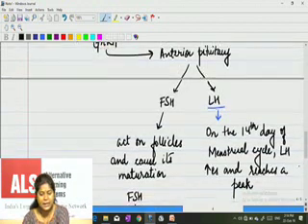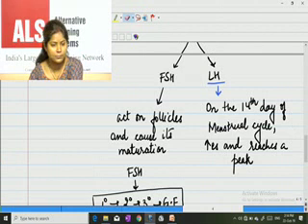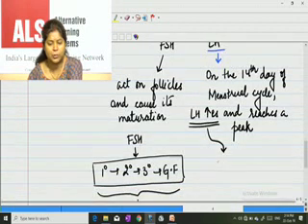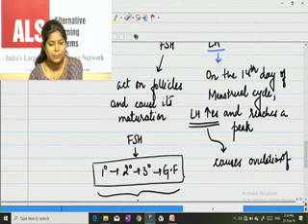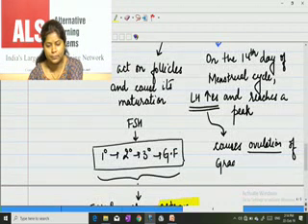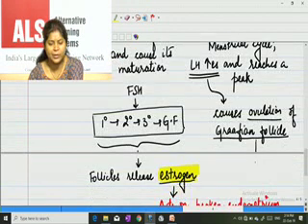Now this increase in LH is responsible for, causes ovulation of Graafian follicle, and the Graafian follicle releases what?